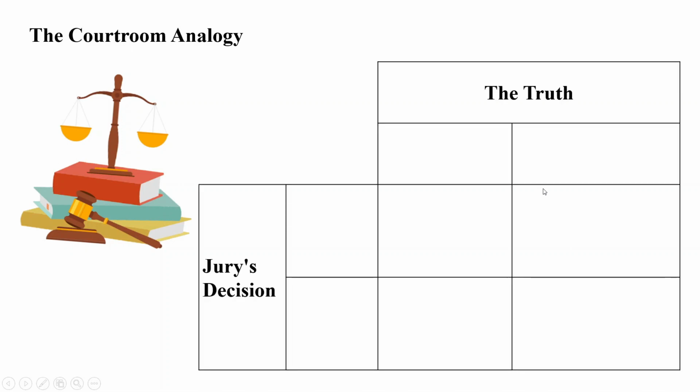So in this analogy, we're going to set up the truth and the jury's decision, because whenever you go to court, there's the truth and then there's what the jury decides. So the truth, either you are not guilty or you are guilty, and then the jury decides, are you guilty or are you not guilty? So these are our decisions in the courtroom. So what are the situations here?